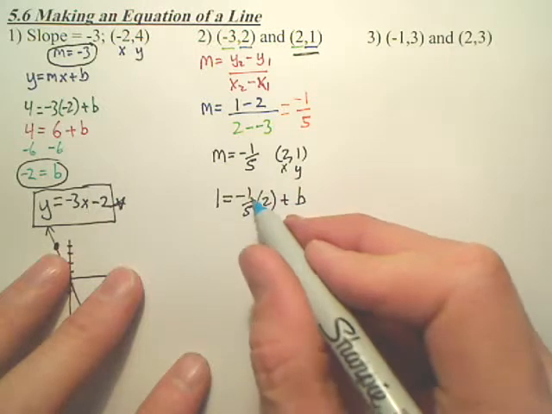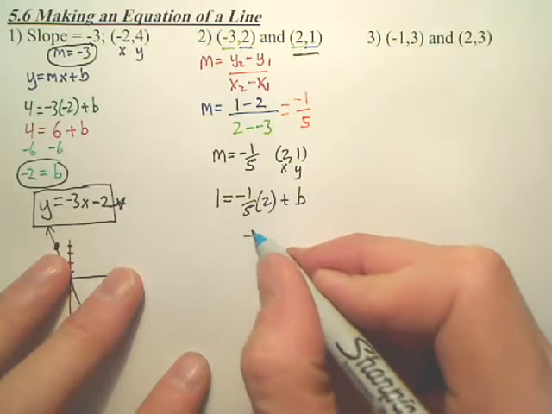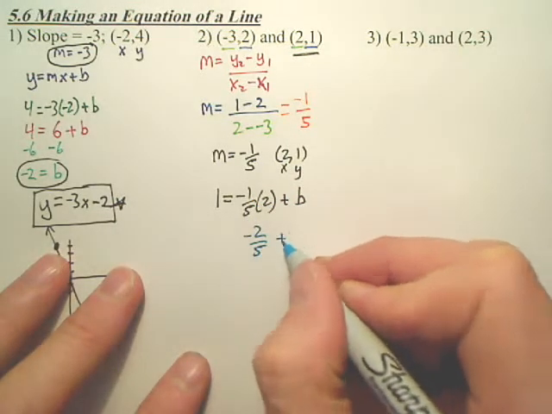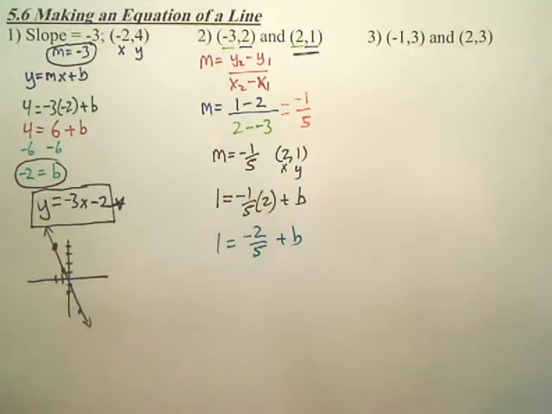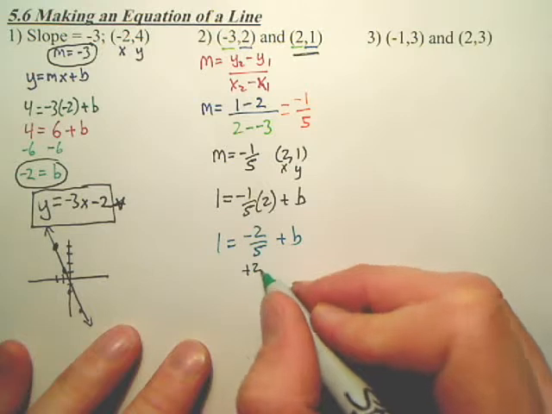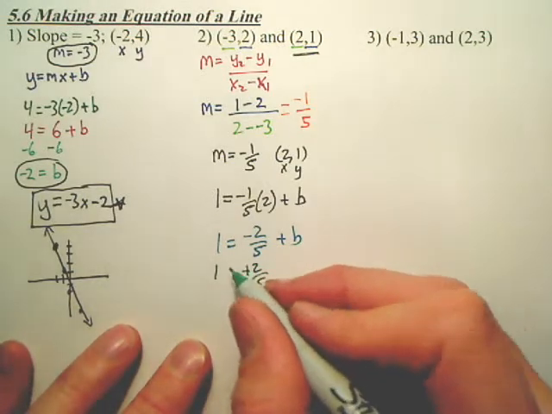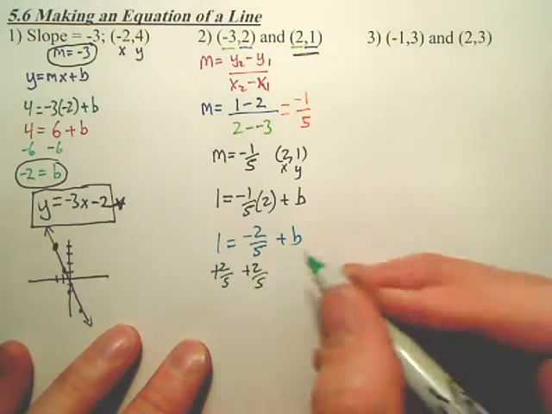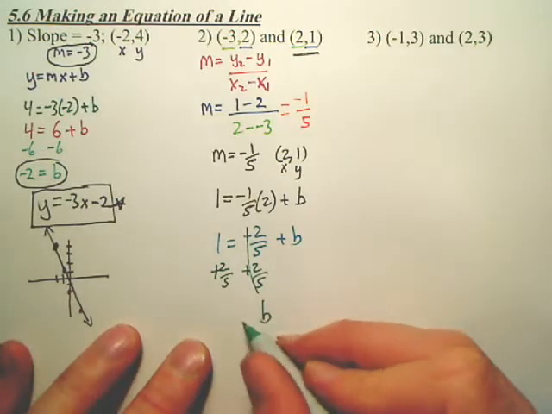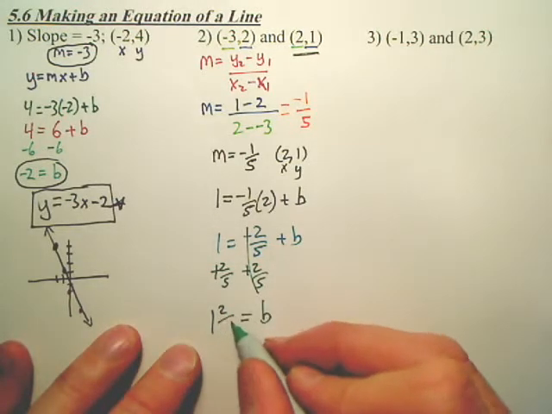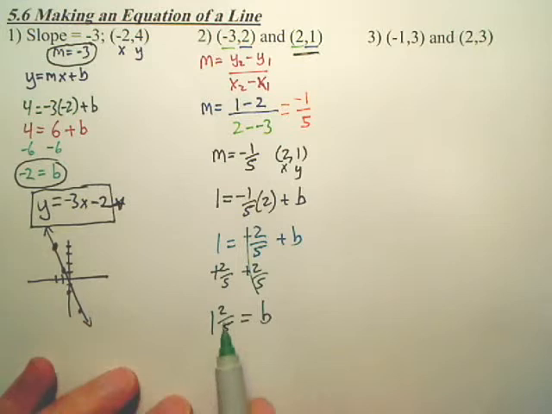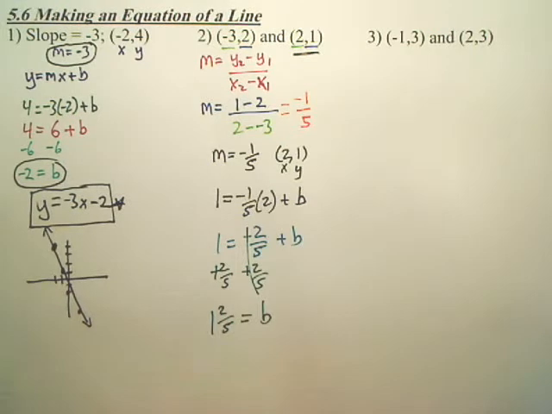In order to find b, -1/5 times 2 is -2/5. Then you got to add 2/5 over. 1 plus 2/5 is 1 2/5.